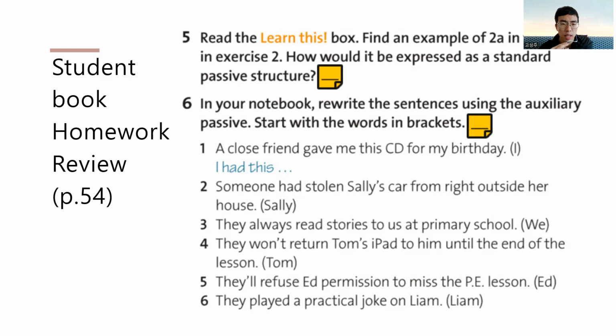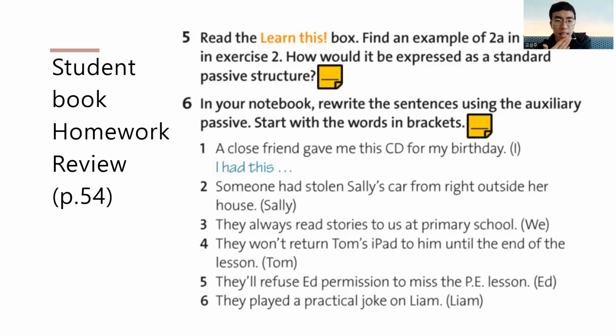Okay, number 2. Someone had stolen Sally's car from right outside her house. Sally, okay, what kind of tense is it? Had stolen, right? So we should say Sally has had her car stolen from right outside her house. Again, it's a little bit confusing, right?